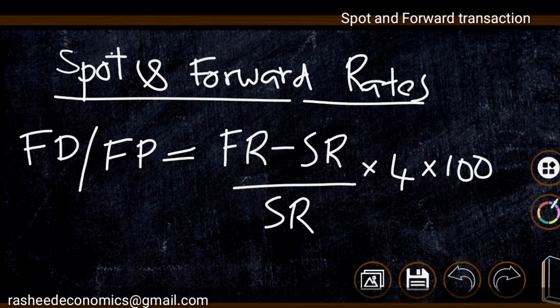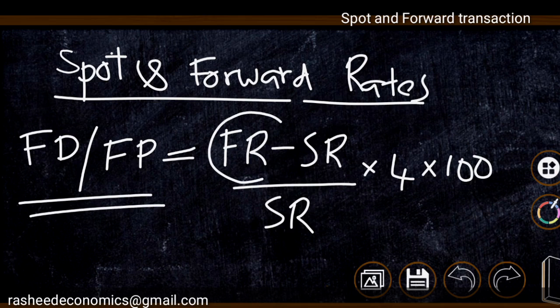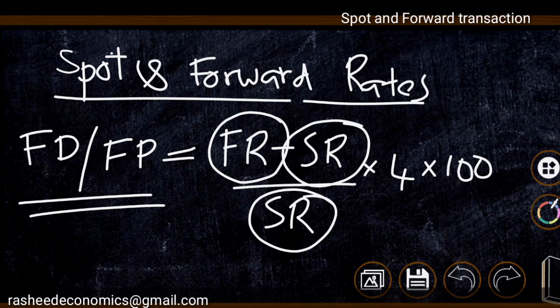That is, FR means the forward rate, SR means the spot rate. We divide by SR and multiply by 4, because we normally calculate it for 3 months and need to convert it into an annual calculation, and in order to calculate the percentage we multiply it by 100 again.